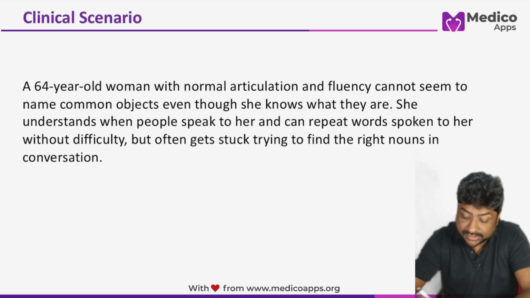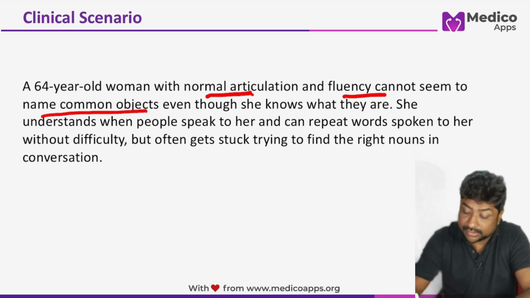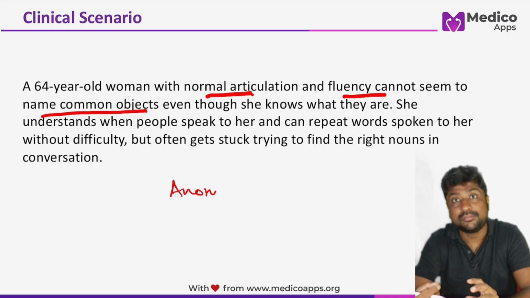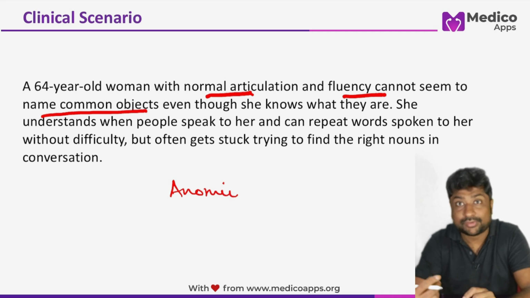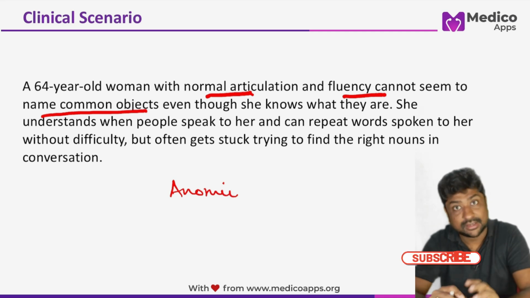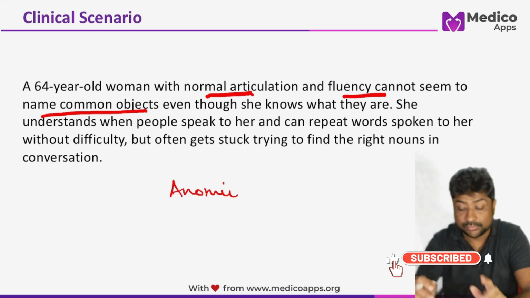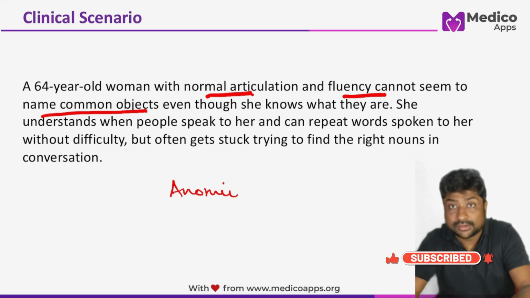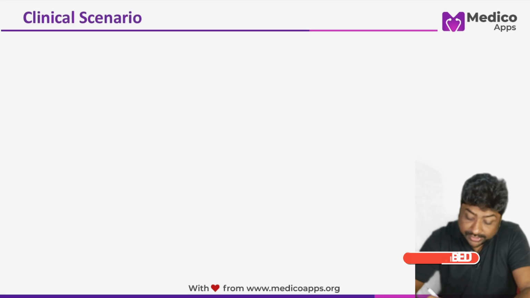A 64-year-old woman with normal articulation and fluency cannot seem to name familiar objects even though she knows what they are. She understands when people speak to her and can repeat words spoken to her. So this is called exactly anomic aphasia. Only the ability to name objects or find the correct word is missing. Otherwise, her understanding is good, her fluency is good.